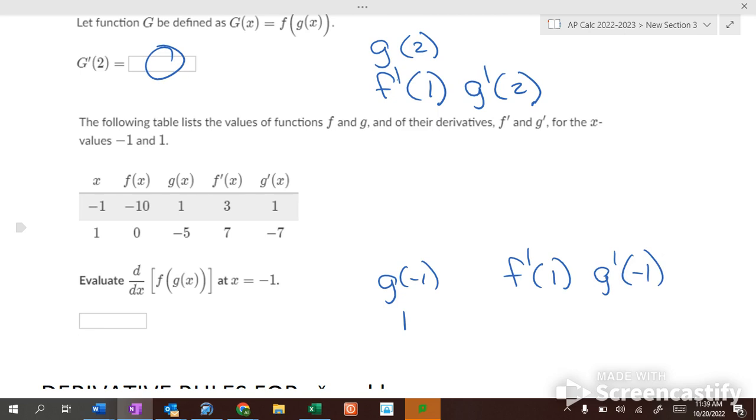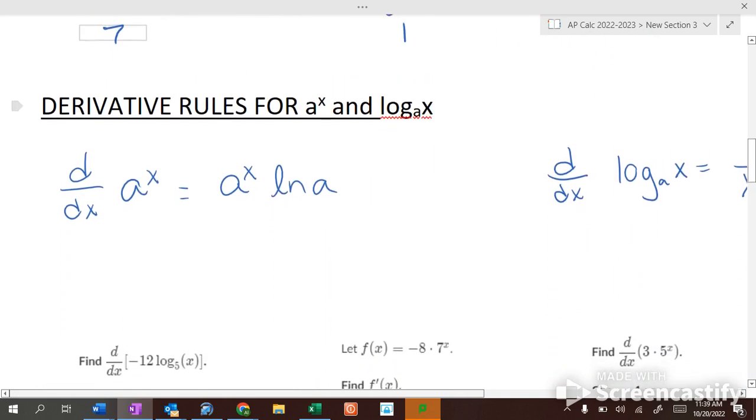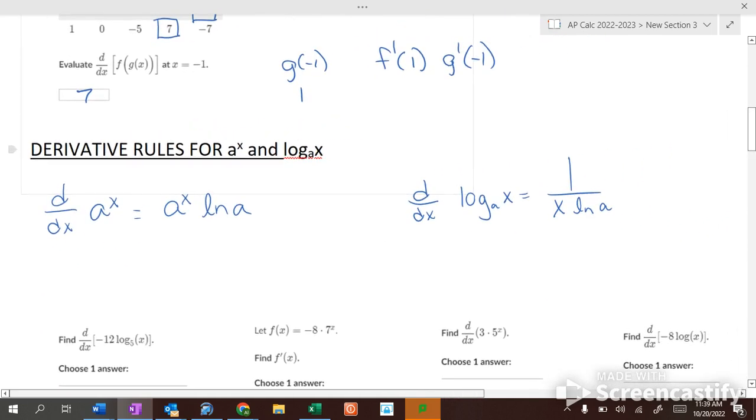First derivative of f at 1, first derivative of g at negative 1, which is 7. Just multiply them together. Okay, that's the chain rule using tables. Now, this goes on your note card. The first derivative of a to the x is a to the x ln of a.